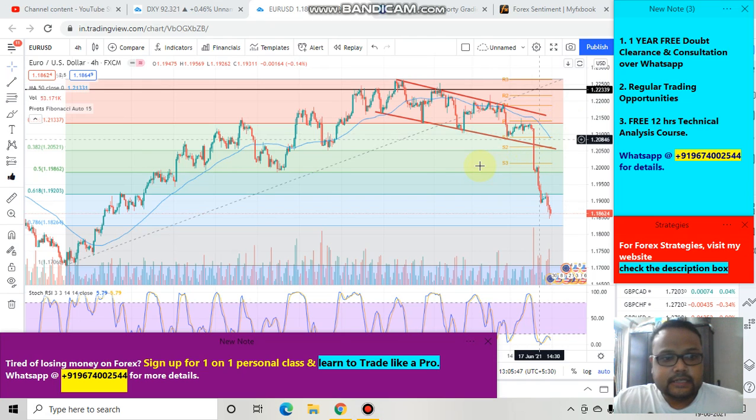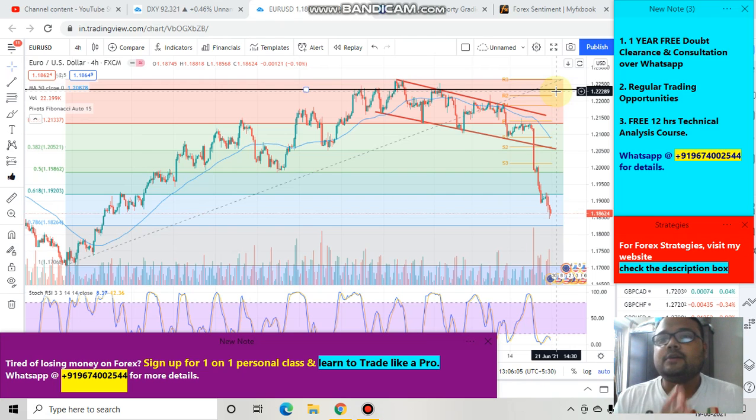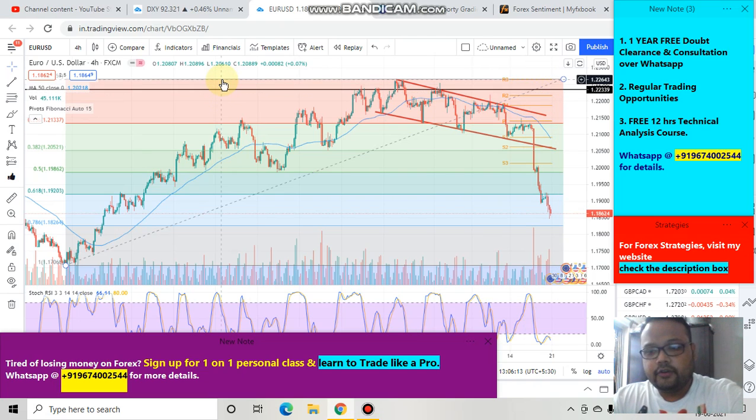So right now we can see that we are standing at the 78.6% retracement, and yes, the whole structure has changed because there were levels in the market, there were supports, there were resistances, and right now there is no support. You can clearly see on the chart that there is no clear or strong support present in the market right now. Let me remove this retracement now.